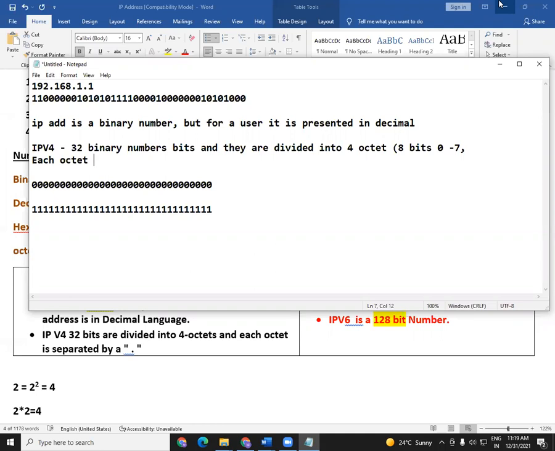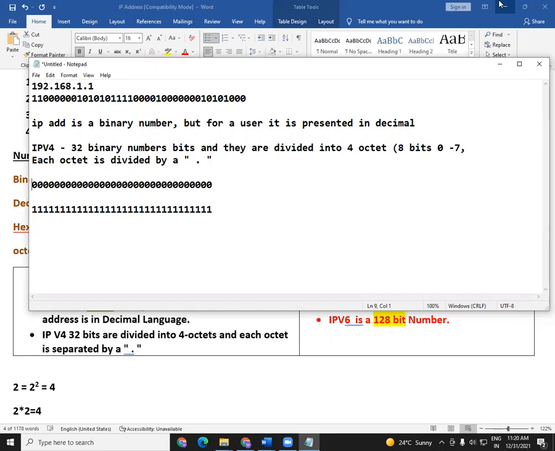And the next thing is that each octet is divided by a dot.